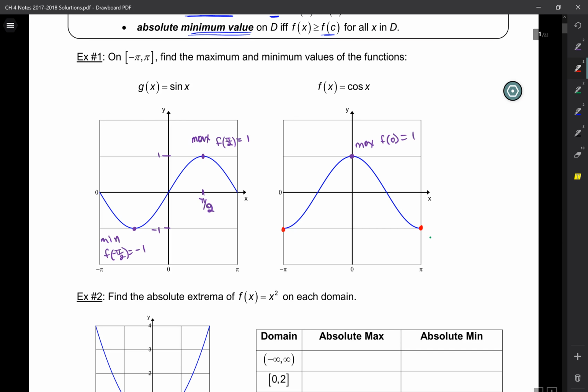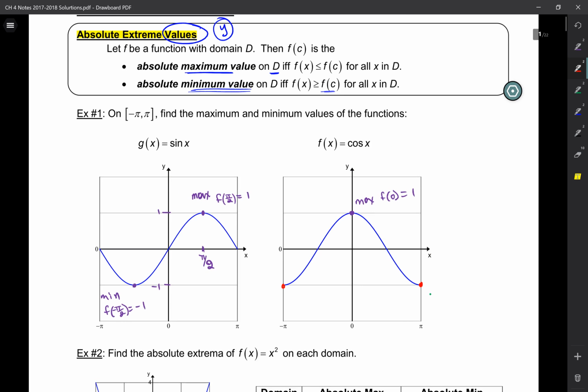Now, very, very important point here. When we were given the interval, we were given a closed interval. When you're given a closed interval, you are allowed to also reference the endpoints. So it reaches a low value, a minimum value here at the endpoint.